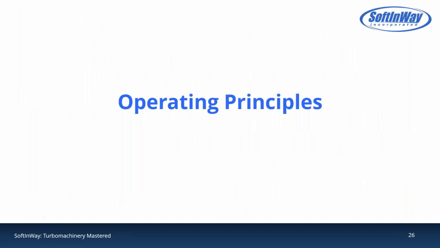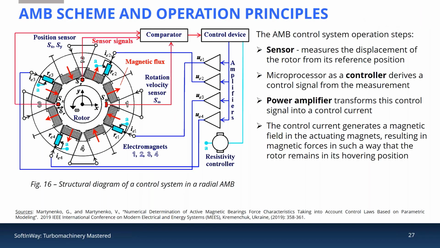So what are the operating principles of active magnetic bearings, AMBs? The comprehensive studies in the early stage of the AMB development indicated the following points regarding active magnetic bearings. Electromagnets enable change in magnetic field parameters by varying the current in the copper coils.